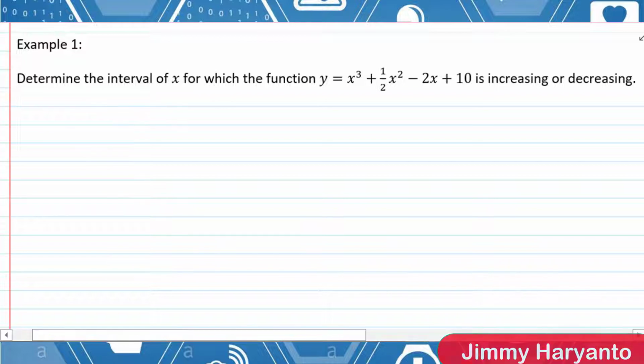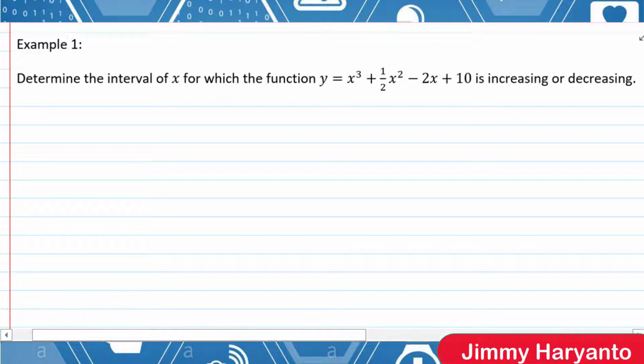Okay, let's take a look at example 1. Determine the interval of x for which the function is increasing or decreasing. So the question is, find the interval of x for which the function will be increasing. To find the increasing, we have to know the condition.